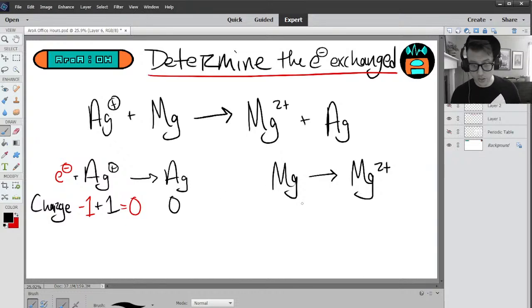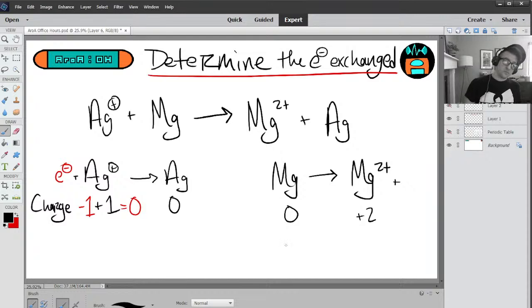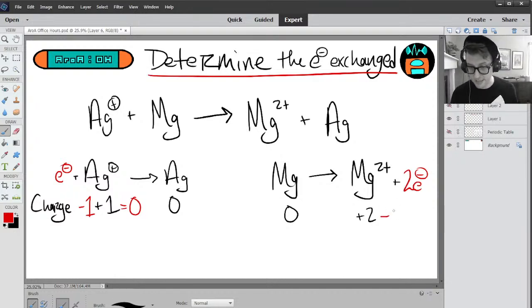We have a 0 on the reactant side and a +2 on the product side. We're going to add electrons to the product side of this half reaction so that we have the same charge on both sides. Now we have a +2 minus the 2 negatives from our electrons, giving us a total charge of 0 on both sides.